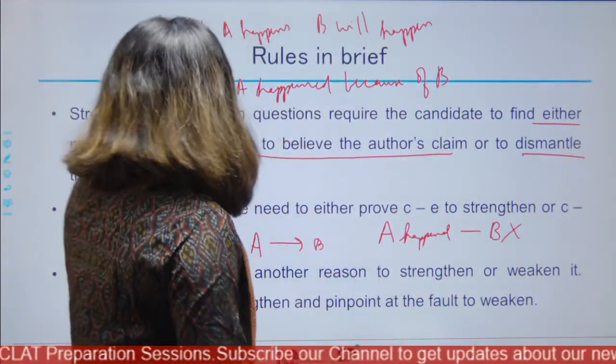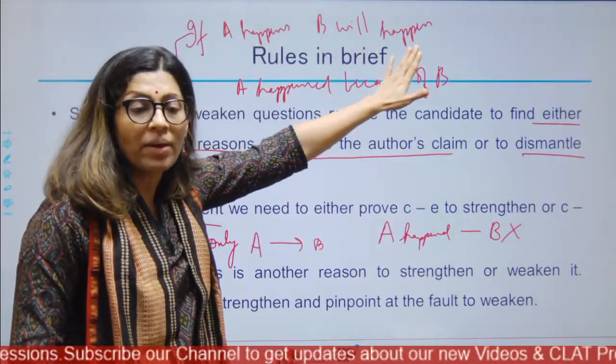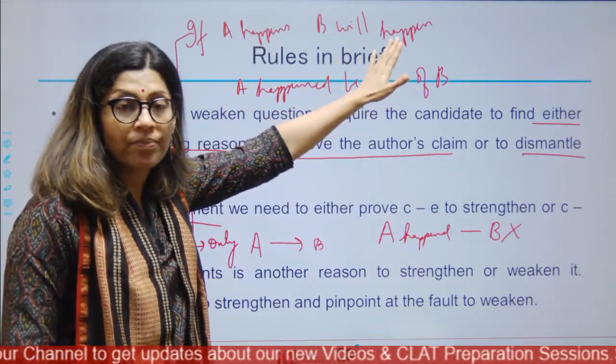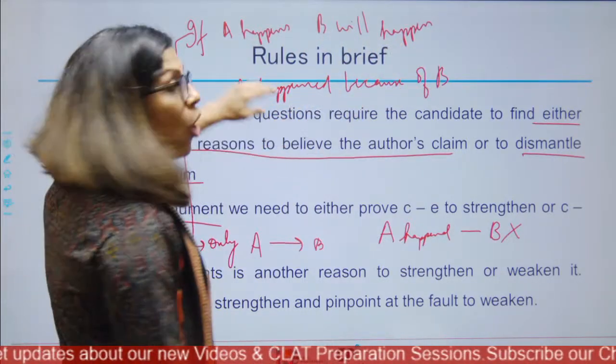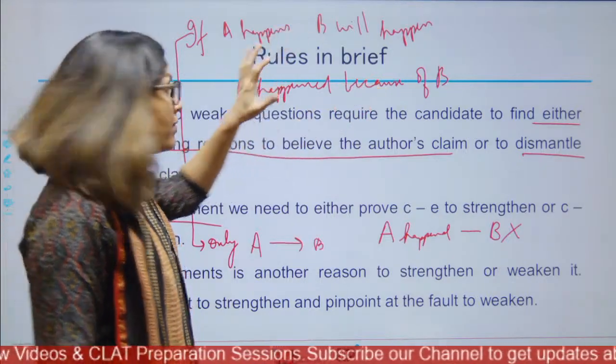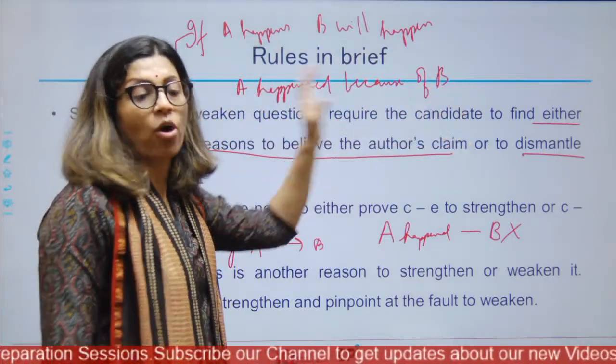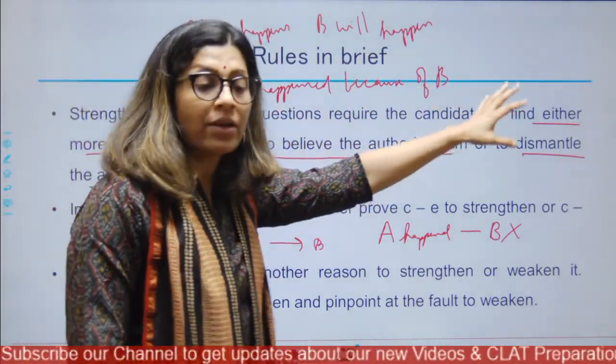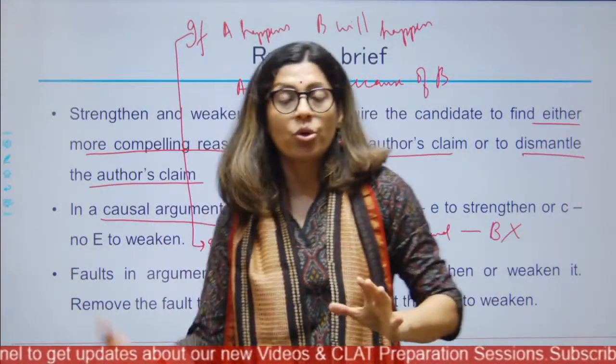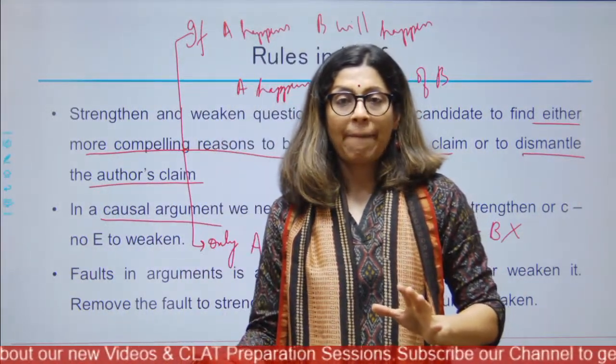So first and foremost, you have to recognize, is this a causal argument? Is it structured on the lines of this has happened because of it, or if this happens, this will also happen. In order to do this, you should do this. Right?